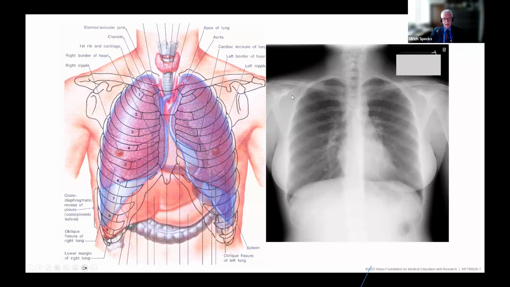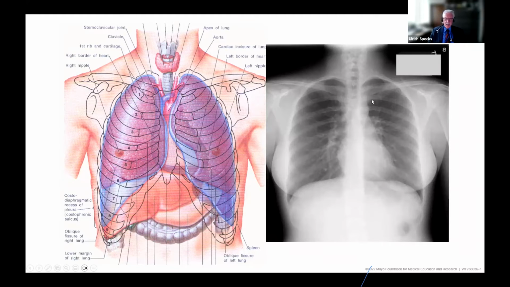And then you have the lungs that are filled with air. And because there's air in them, they are black. And anything that's not filled with air that is denser is white. So your heart is white, your diaphragms are down here, and your belly is mostly solid stuff in there. So it's white, but the lungs are essentially translucent because they're filled with air.